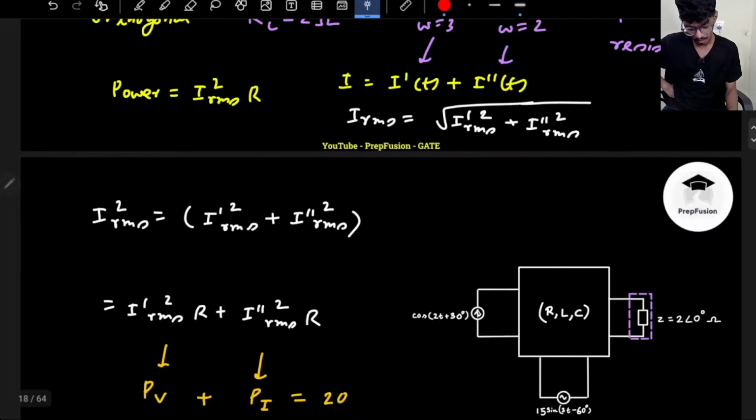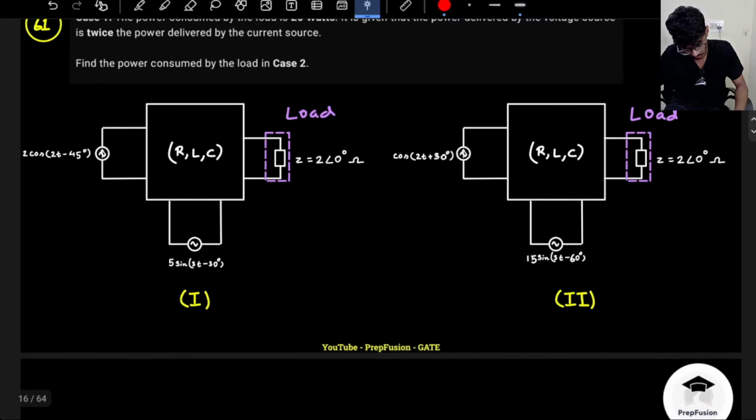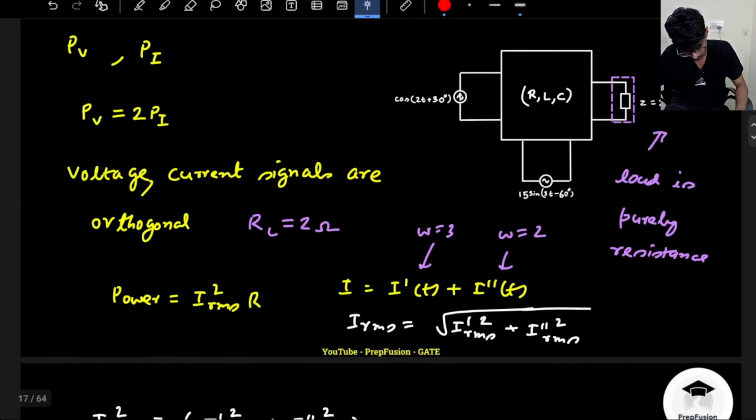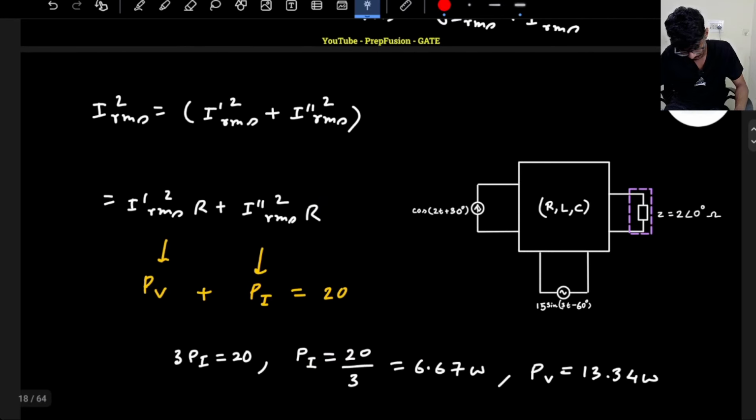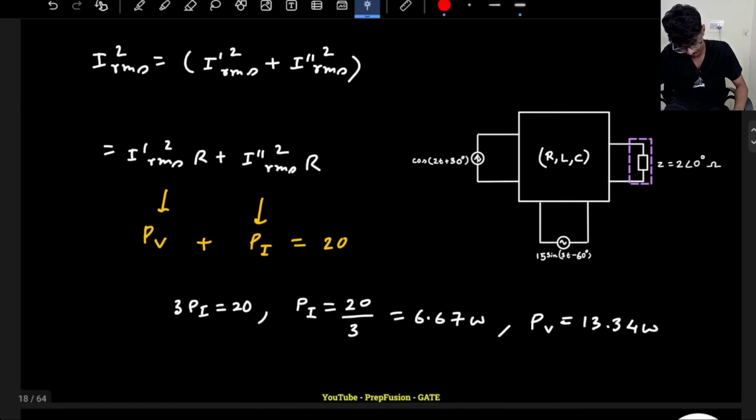But of course for power, we only care about the magnitude because IRMS only depends on the magnitude, amplitude, not on the phase. Okay, so in this case, what is the I dash RMS?